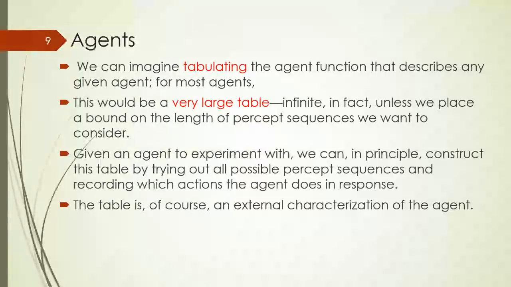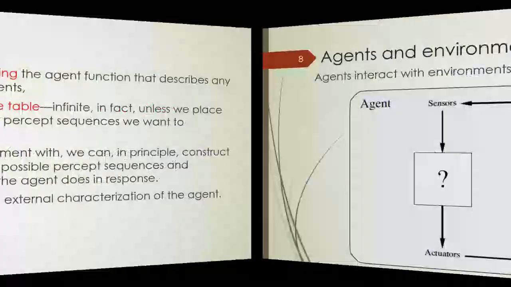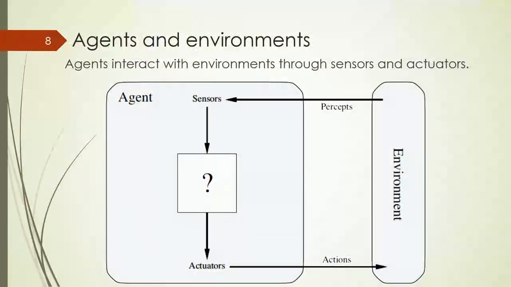So we can imagine tabulating the agent function that describes any given agent. For most agents, this would be a very large table. So what does it mean tabulating? Well, interaction between your agent and environment are based on what your agent receives or perceives from environment, and based on that, makes an action.